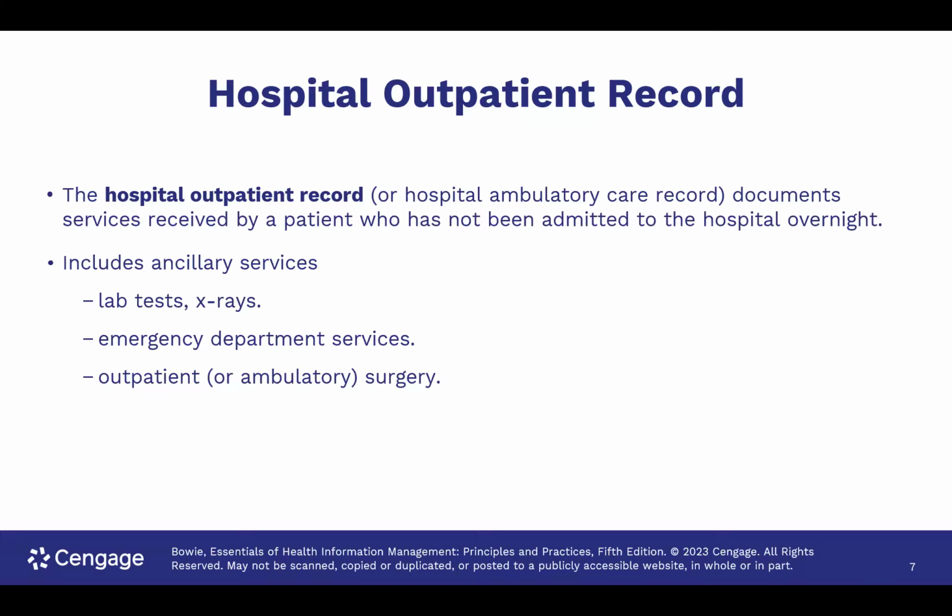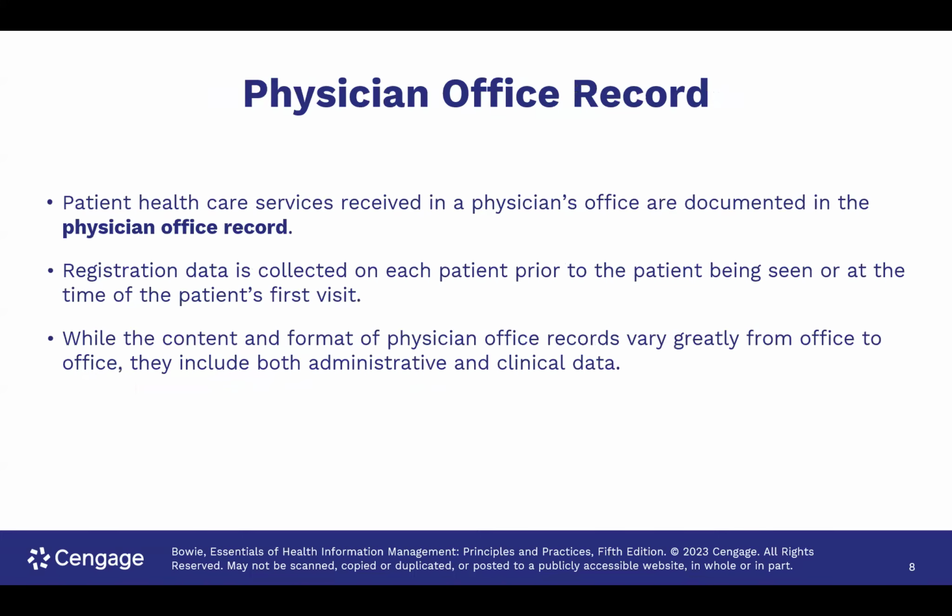So the hospital generates hospital outpatient records even when the patient is not formally admitted through admitting to the hospital, because the care is being provided by the hospital on site.